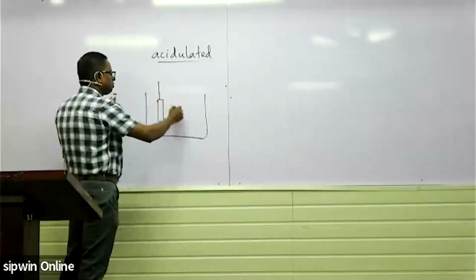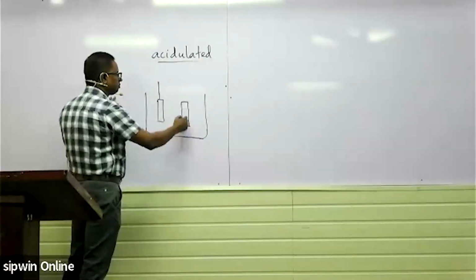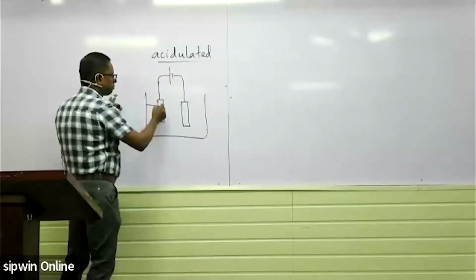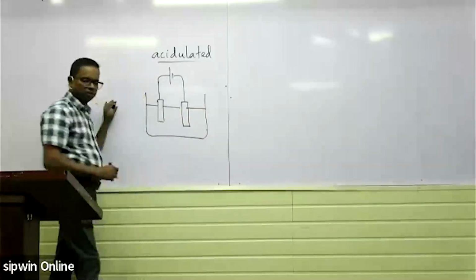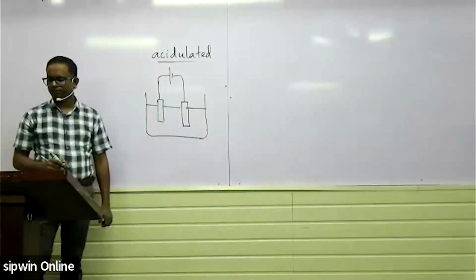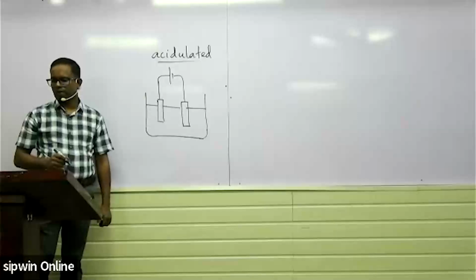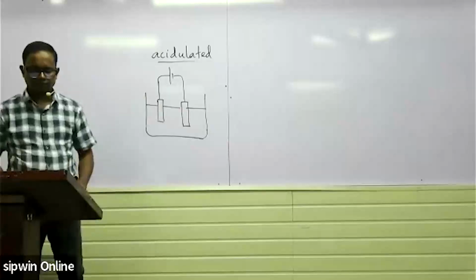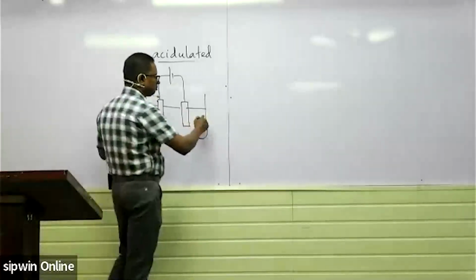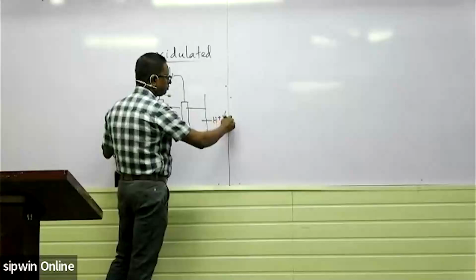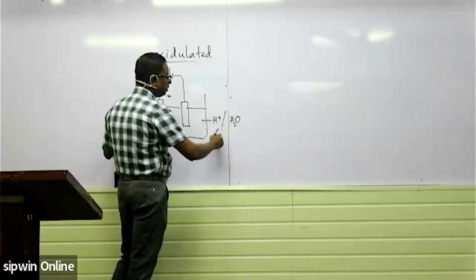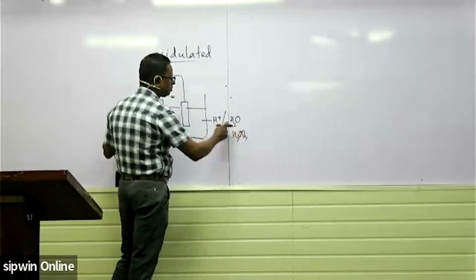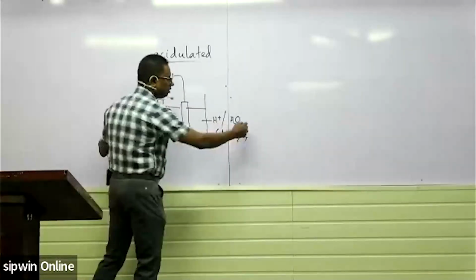Draw this diagram. Platinum electrodes I will use there. Platinum. Few drops of sulfuric acid to this one. H plus, H2O. Do not use concentrated sulfuric, use dilute sulfuric.